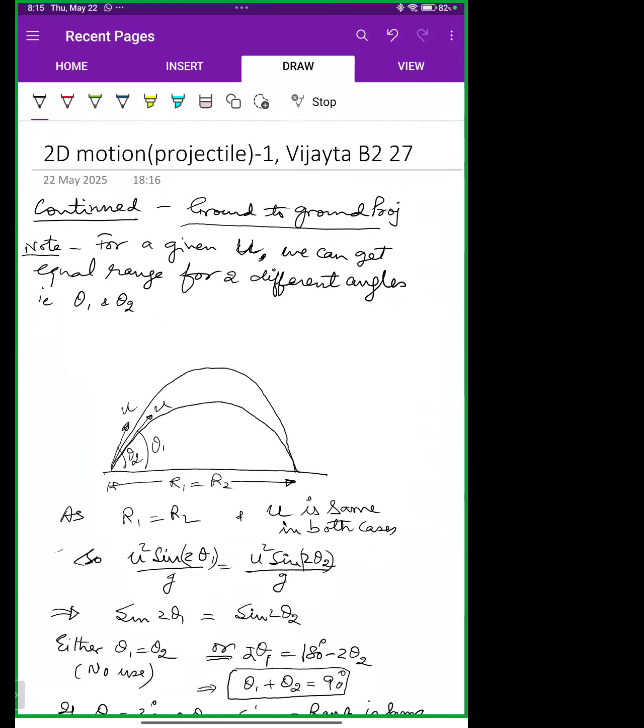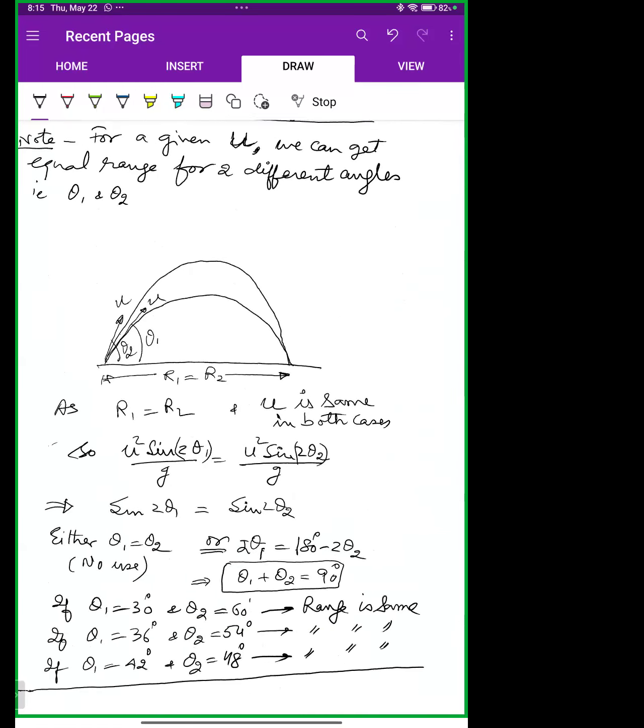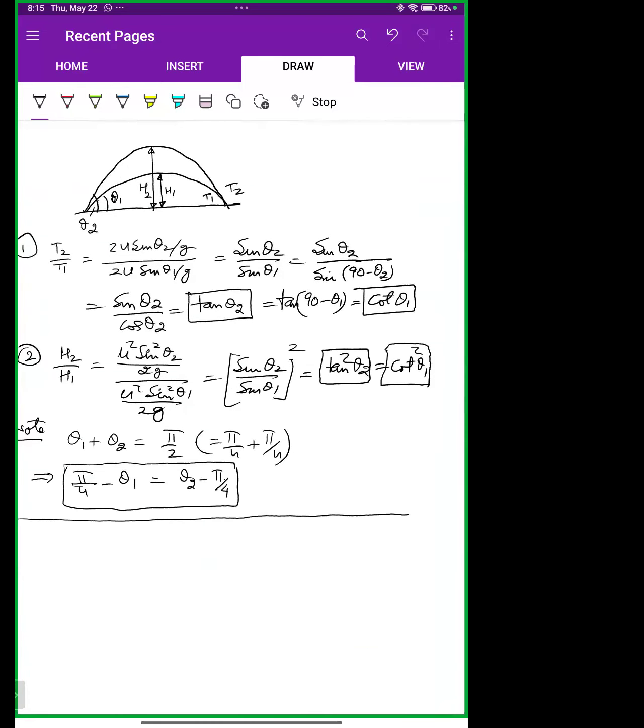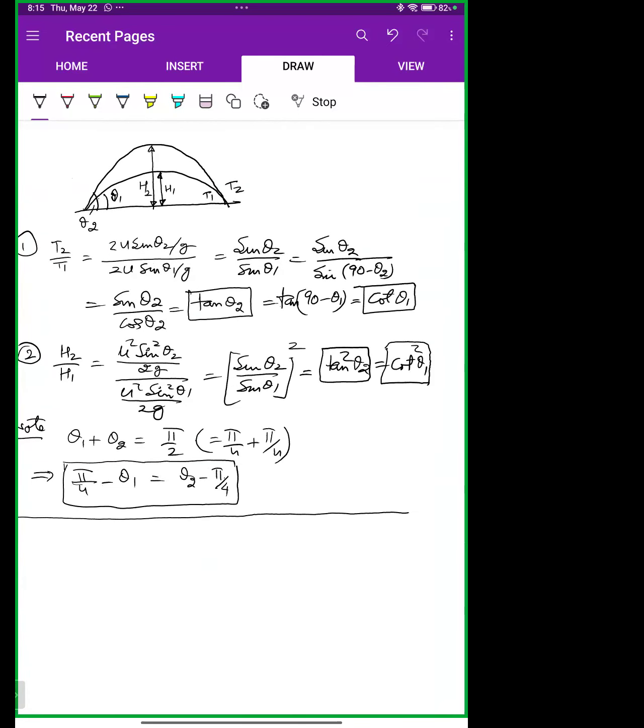So our today's first issue was this: same range, same U, two different angles, two different heights, and two different times. Say theta 2, only for discussion, is greater than 45 degree or pi by 4. It is better to write pi by 4. Then tan theta 2 is greater than 1 and tan theta 1 is less than 1.